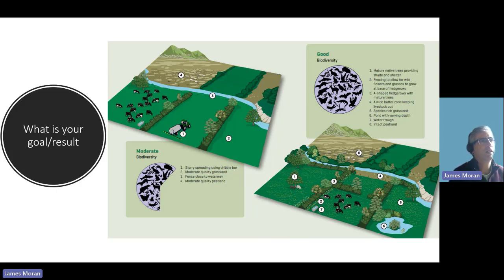And then on the right-hand side, we see a fully restored and enhanced landscape with mature native trees providing shade and shelter within the system that has benefits for livestock as well, particularly when we have a context of increasing drought and higher temperatures during the summertime in particular. We have well-managed enhanced hedgerows with associated fenced-off field margins.